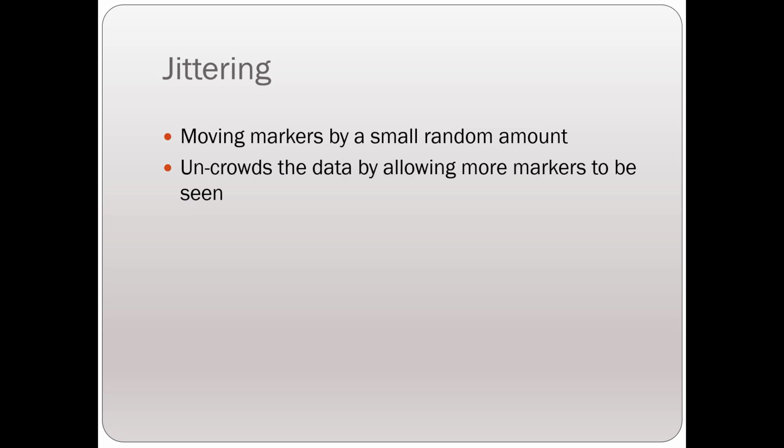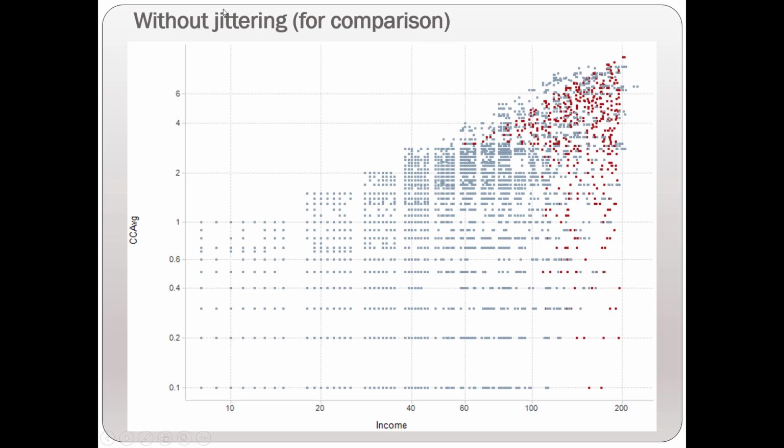Now jittering is another technique to understand whether data is clustered together very densely, and you can uncrowd the data to see where the data density is. So for example, here is a scatter diagram without jittering, and without jittering means that a particular point here could very well have several observations.